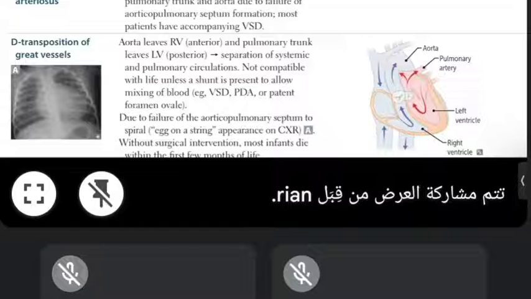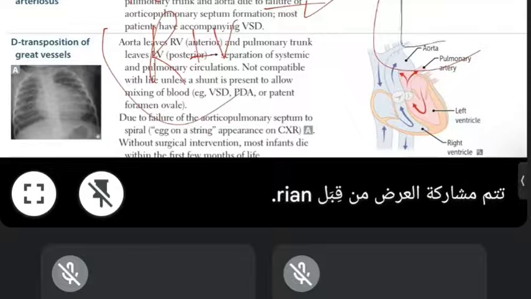Now, the congenital diseases of the heart are divided into two categories. The first one is if you have a right to left shunt, where blood shunts from the right side of the heart, which is the right atrium and right ventricle, to the left side of the heart, which is the left atrium and the left ventricle. This is the first category, from the right to the left side.